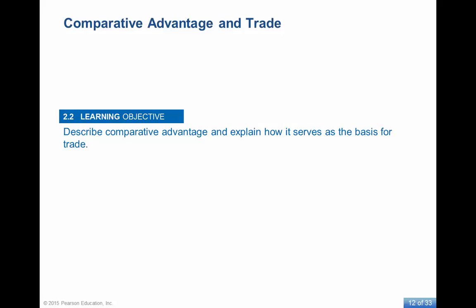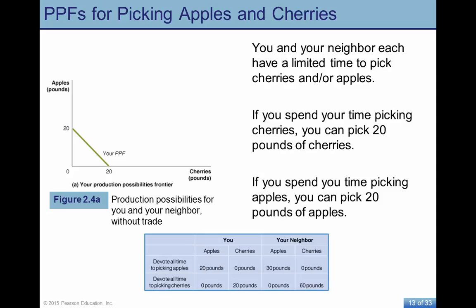Comparative advantage and trade. Describe comparative advantage and explain how it serves as the basis for trade. PPFs for picking apples and cherries. Here, we will see that the PPF is linear. It has a constant slope.